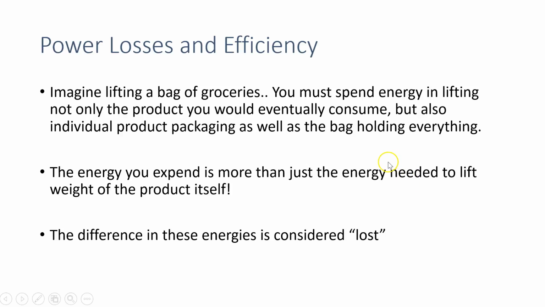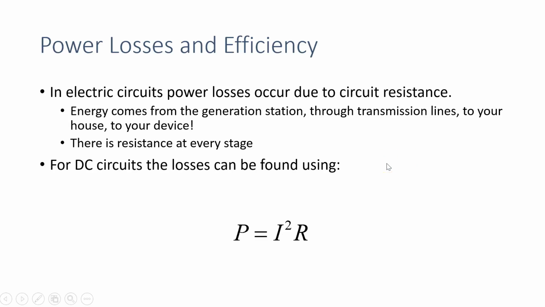So in electric circuits, the power losses occur due to the circuit resistance. So it comes from the generating stations and it goes over the transmission lines, which are these thick conductors, or small conductors if it's in a phone or some electronic device, and all of these things have resistance.